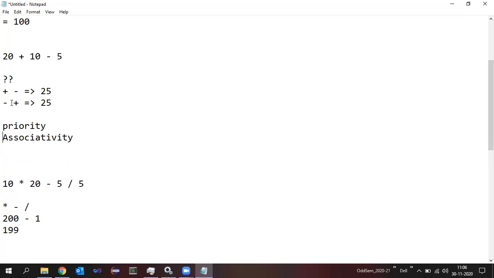That means if there are operators of the same priority, which order do we follow? Should we do it from left to right, or from right to left? This tells about the associativity, that is, in which direction we are going to perform operations.